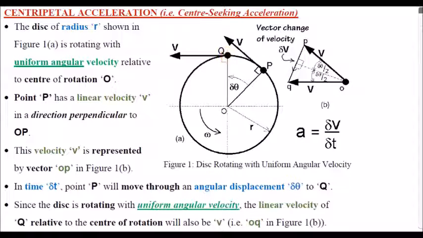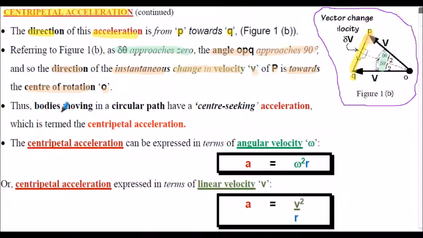In other words, considering angle theta being very, very small, and essentially point Q on our circle is coincident with point P, then the change in velocity would be towards centre O. Thus, bodies moving in a circular path have a centre-seeking acceleration, and that's termed the centripetal acceleration.